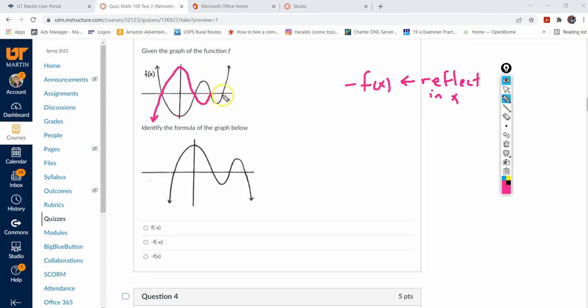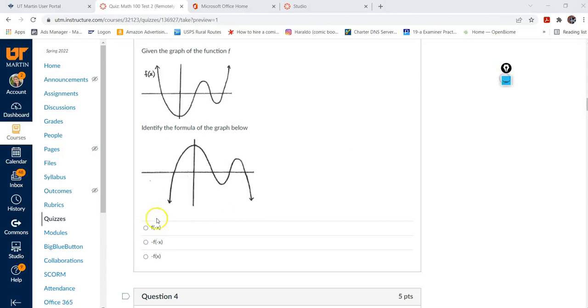And this portion reflected in the x-axis is going to be this part here. And this portion reflected in the x-axis is going to look something like that. And sure enough, that is what we're seeing here. And so if the black is the graph of f of x, then what we get is an x reflection, and that's going to be this selection here.